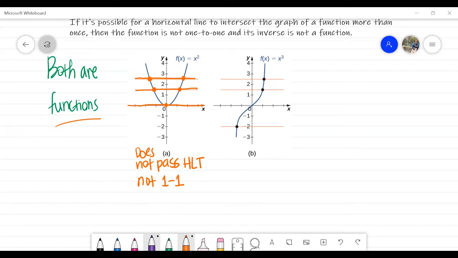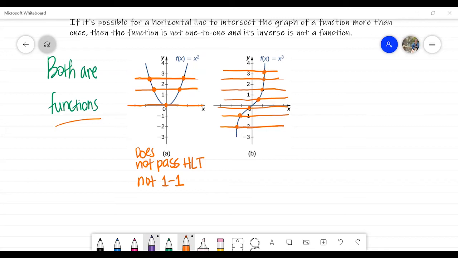How about our second one over here? Again, you see some horizontal lines drawn in. You have one up here, another one down here, and another one down here. We could draw plenty more, right? There's nothing special about these lines. But no matter where we draw these in, how many times are we going to cross? Only a single time, right? There's only these individual single points.